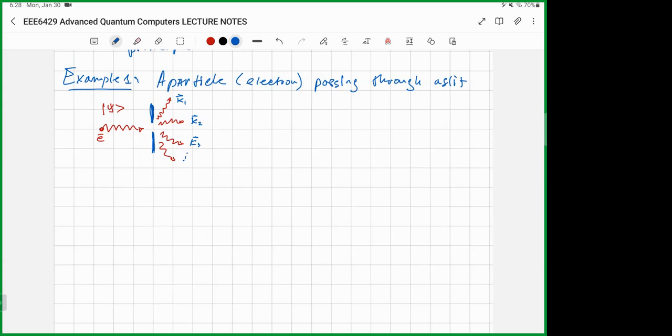Of course, the electron itself goes only in one of these directions. But before you make your measurement, before you detect your electron, for example going along this second path, you have to assume that your electron goes in all possible directions simultaneously.